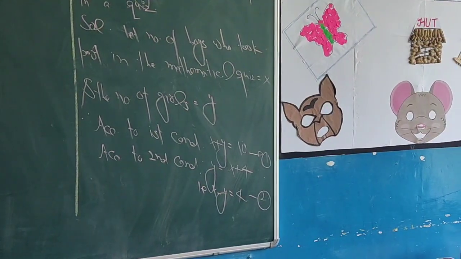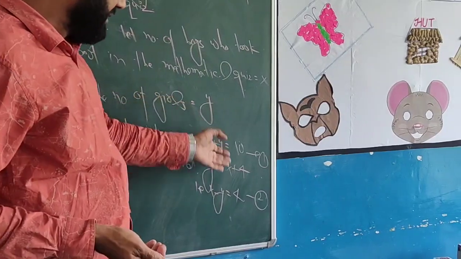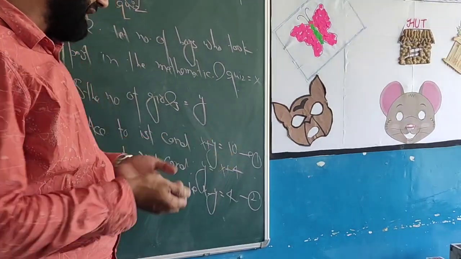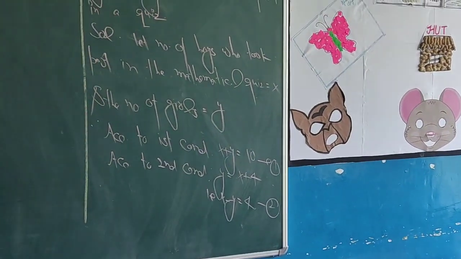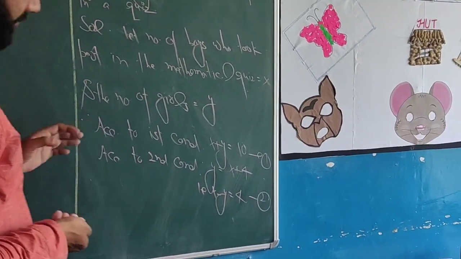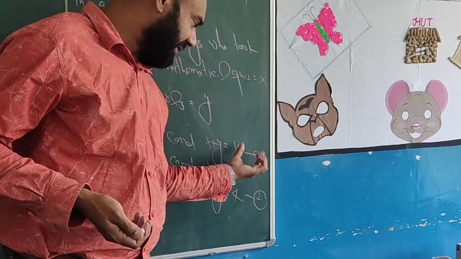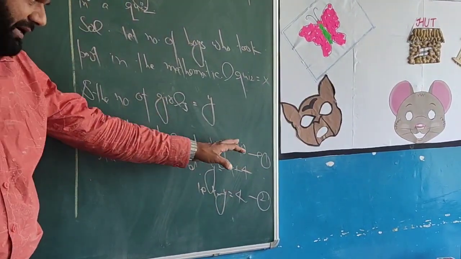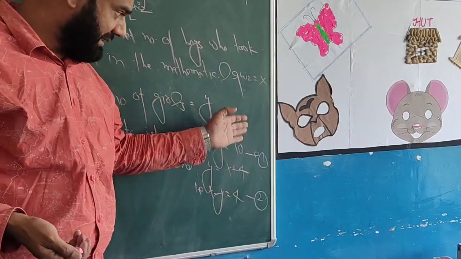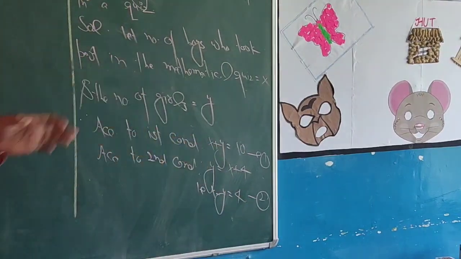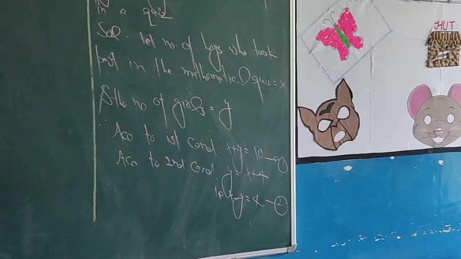This situation can be represented algebraically by x plus y equal to 10 and x minus y equal to 4. Now we graph line 1 as well as line 2, and we have already solved this type of question by the graphical method.